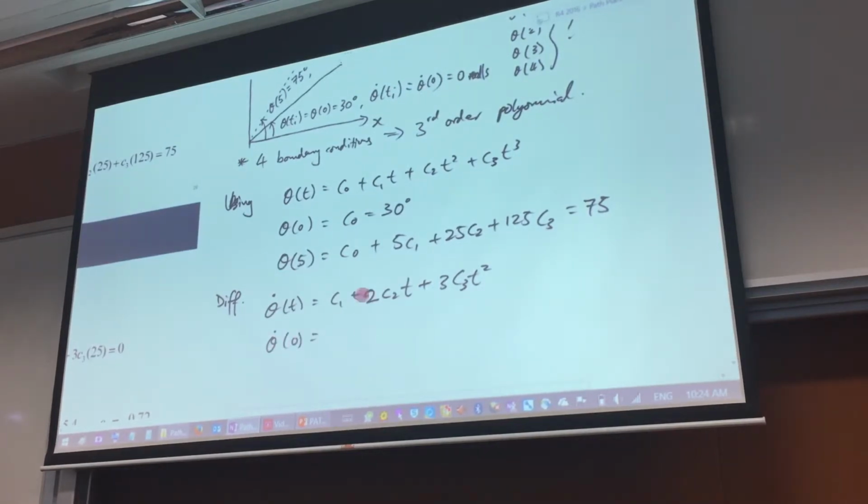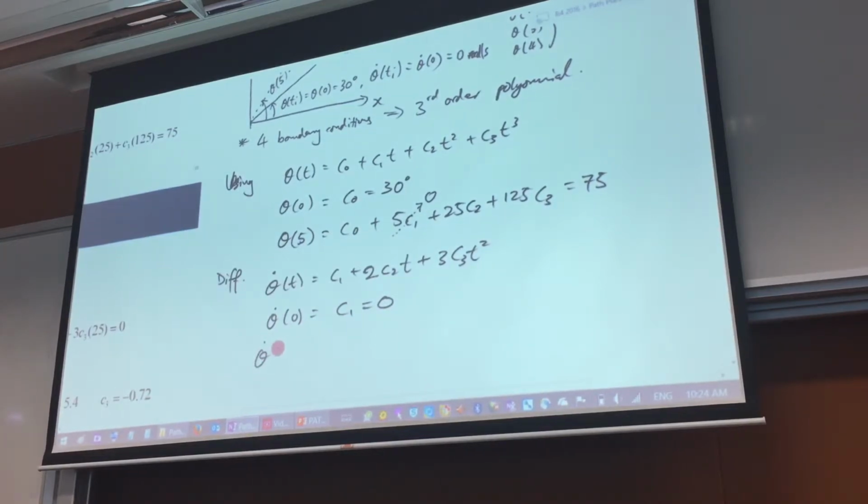Initial velocity is saying that this must be equal to 0 at time equal to 0. So all this will be gone and you have c1 left. And c1 is equal to 0. So c1 over here is 0, and c0 over here is 30 degrees. So later on I'll make use of that. So there are only 2 more unknowns, c2 and c3.